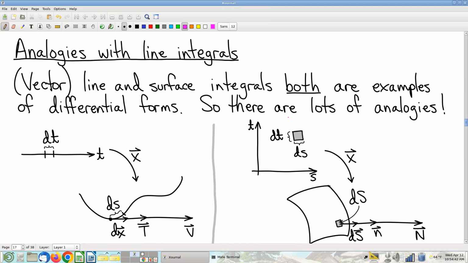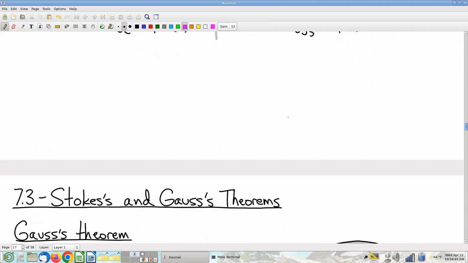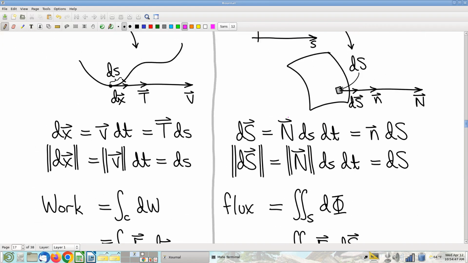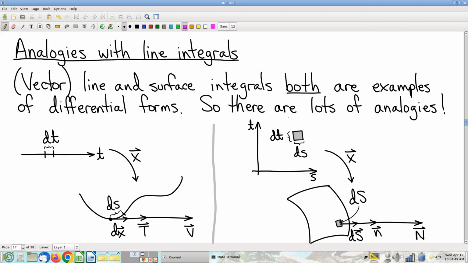Okay, so I think this is the last thing before we get to the next section. We've got 10 minutes. That's great. So I want to talk about unexpected analogies between line and surface integrals, specifically vector line integrals and vector surface integrals. Now, let's talk about why they shouldn't have anything to do with each other.